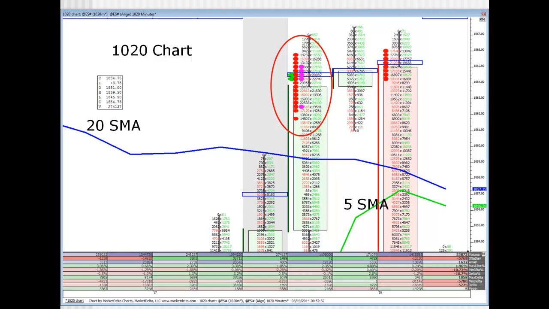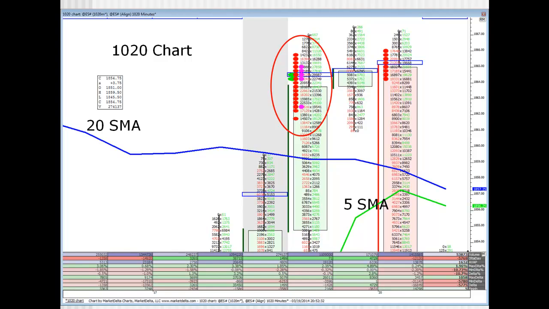Now, the red dot tells us that these levels had cumulative total traded volume at them that actually exceeded, that was over 20,000 contracts. So that's our red, and then the magenta tells us that it exceeded 50,000 contracts.